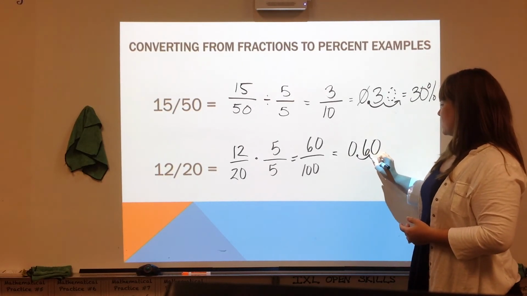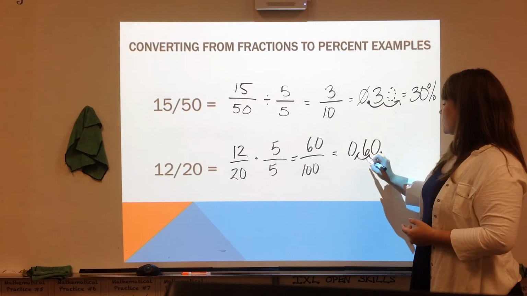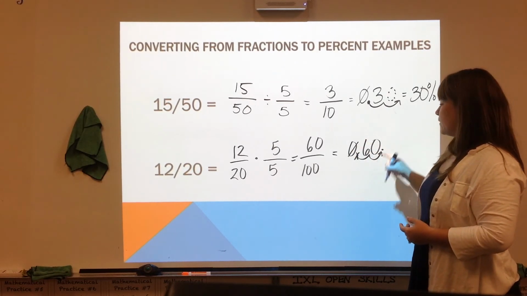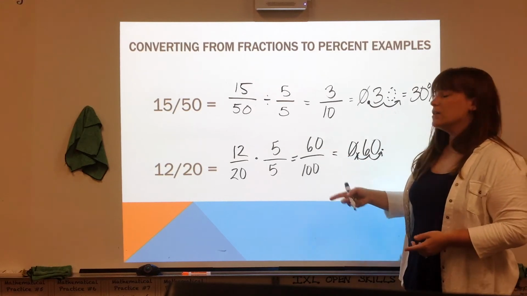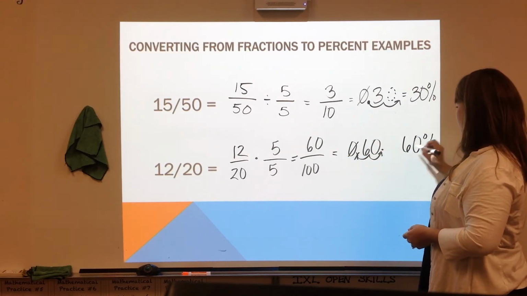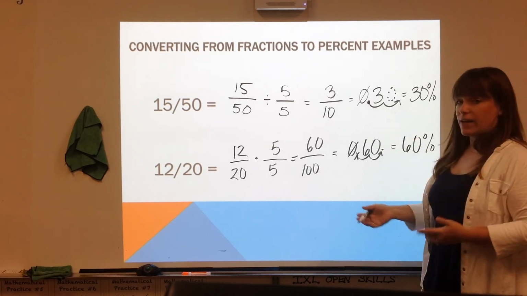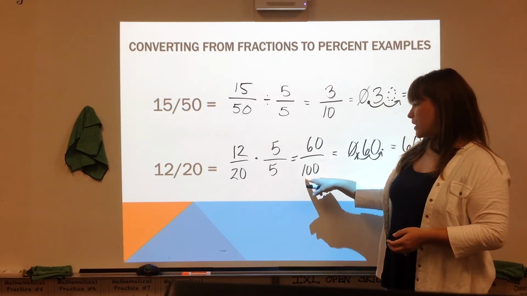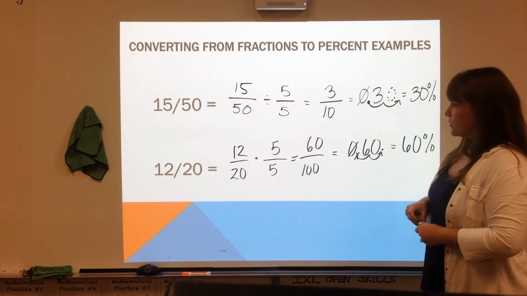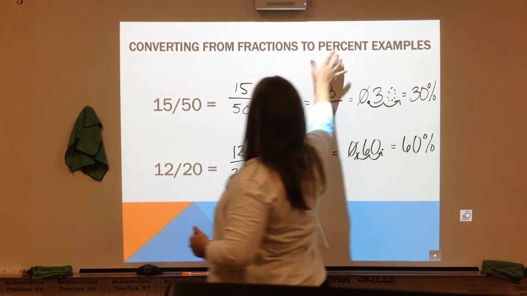And I'm going to move the decimal point over 2 places, so it's not going to be here. I don't need to worry about this 0. And because I have 60, I already have the 60%. I don't have to annex this time. If I had divided down to get a 10, I would have had to annex the 0. So that's the 2 examples, fractions to percent.